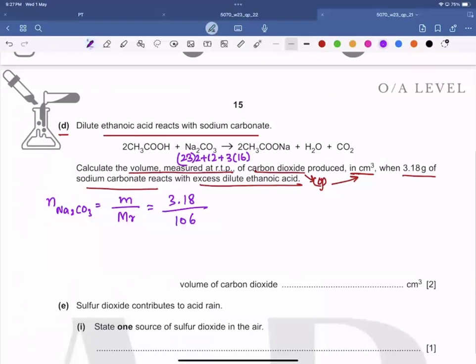Can anyone calculate and tell me the answer, please? Okay. So it's 0.03 moles.